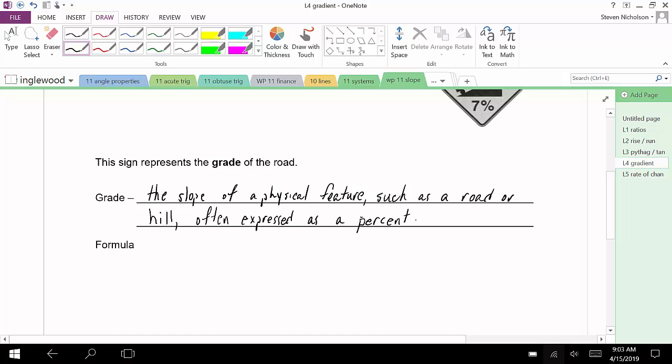Again, the bigger the number, the steeper the hill or road.